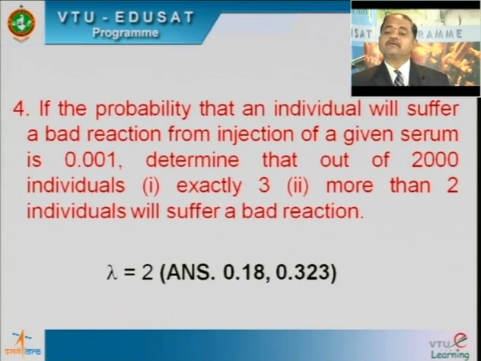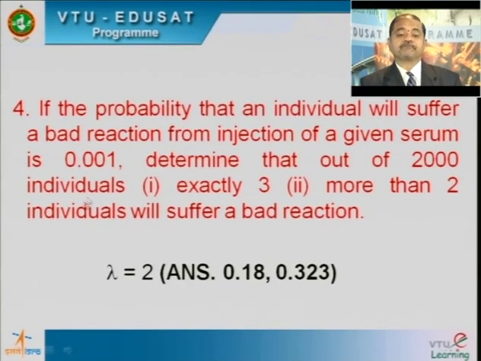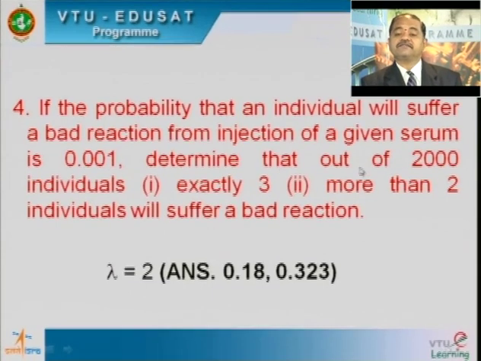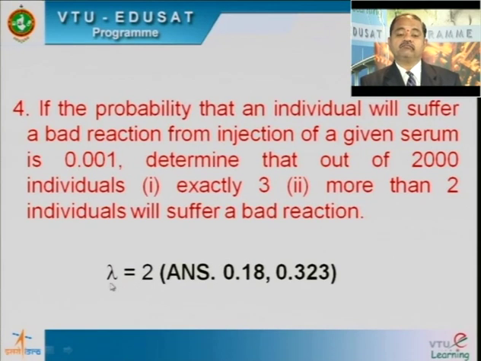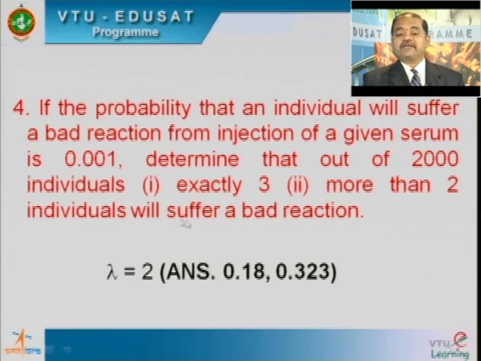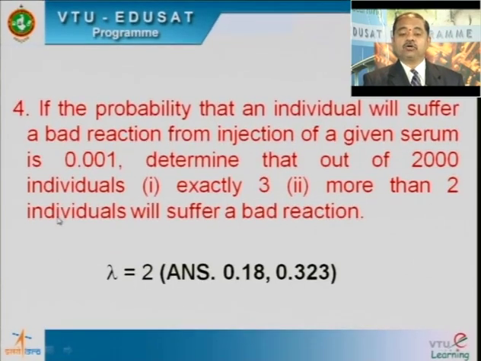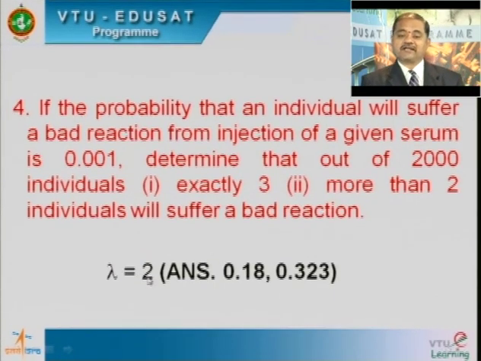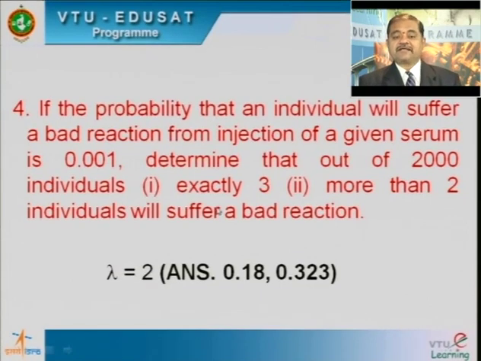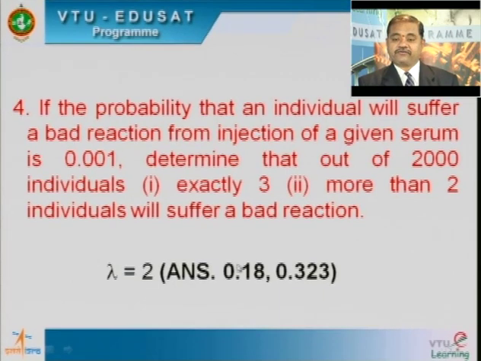So, 2000 is my n, 0.001 is my p, multiply, I will get lambda is equal to 2, np is equal to 2, nothing but lambda is equal to 2. So, exactly 3, more than 2 will suffer bad reaction. So, first e power minus 2, 2 power x by x factorial. Exactly 3, put x is equal to 3, you will get the answer 0.18.